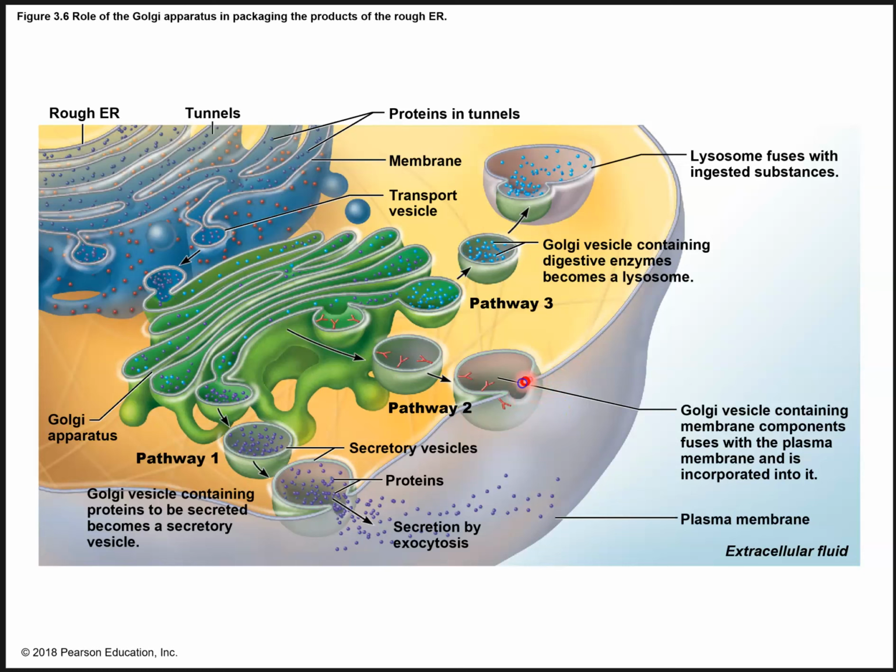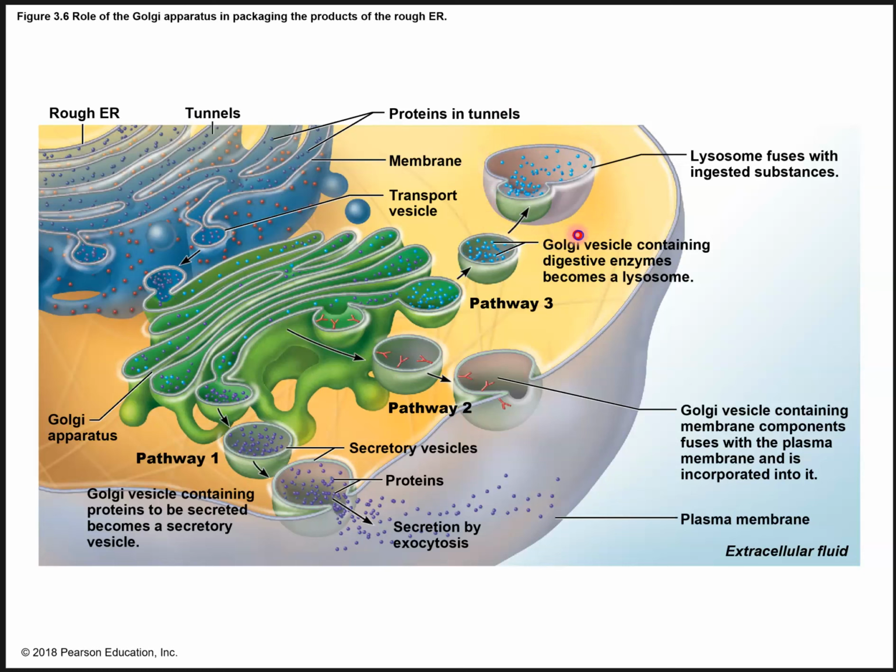If you remember, the plasma membrane contains a bunch of proteins. So these secretory vesicles that contain protein molecules may either end up in the plasma membrane, or some of these protein molecules may end up inside other membranous structures, other organelles of the cell like lysosomes.